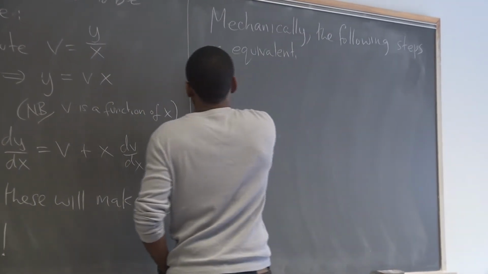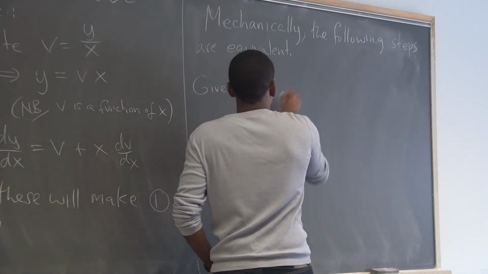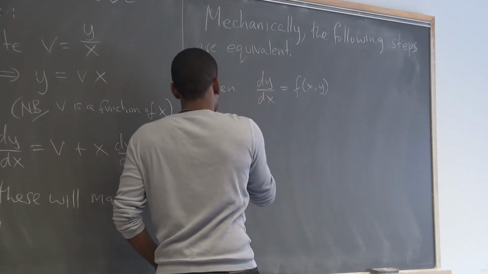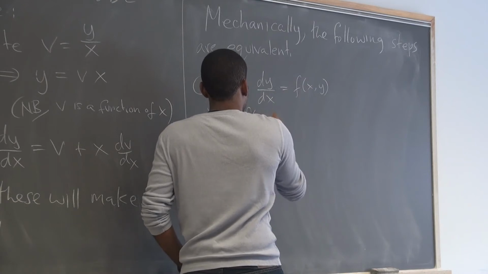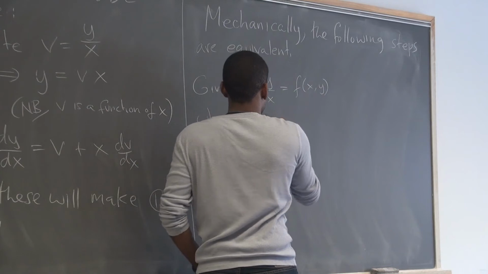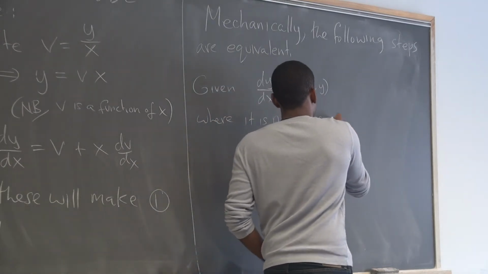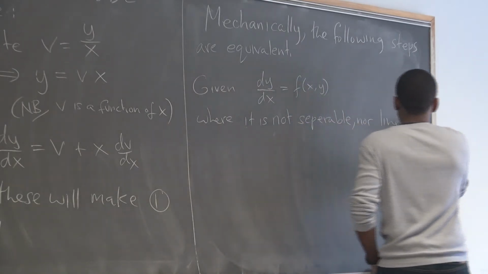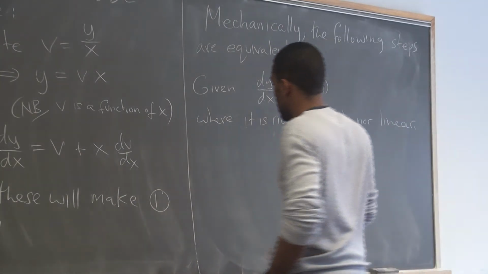So, given dy dx equals f of xy, where it is not separable, this is just giving you another situation that we have to deal with sometimes.